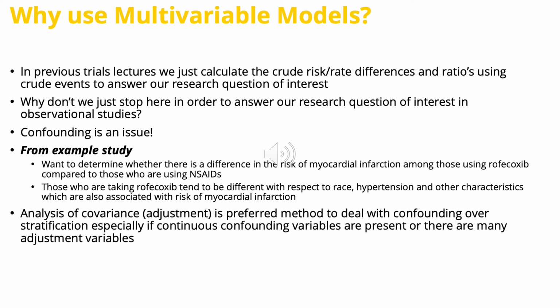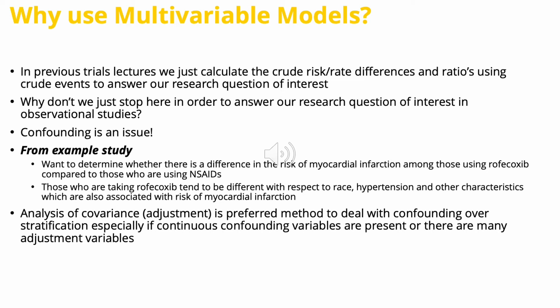But why don't we just stop here in order to answer a research question of interest in observational studies? Well, that's because confounding is an issue. Recall in randomized controlled trials, we randomize treatment in order to make our intervention and control groups comparable with respect to measured and unmeasured confounders. Confounding is not an issue if randomization has been done properly, allocation is concealed, and blinding is successful throughout the trial, and there's not a lot of loss to follow-up.